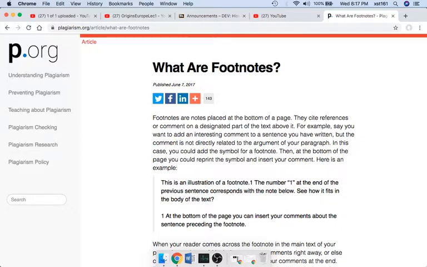Okay, so one of the things you might want to think about in citation, it's a dialogue that the writer of an article, of a book, of a journal essay, is having with his or her reader. Okay, it's a conversation with his or her reader, where you're doing a couple of things.